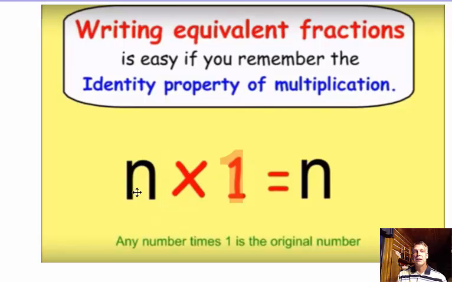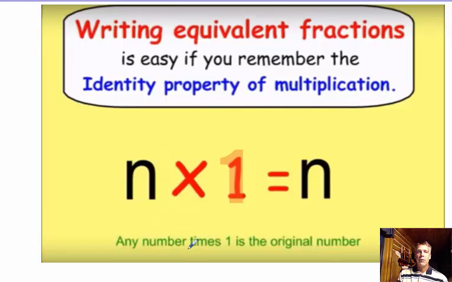What it represents is that some number, or any number, times 1 will keep its identity and stay the same number. So if I take a fraction, or I take 42, and I times it by 1, I'll come up with that same number.